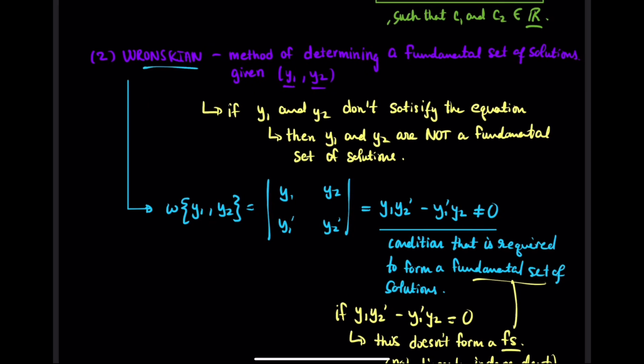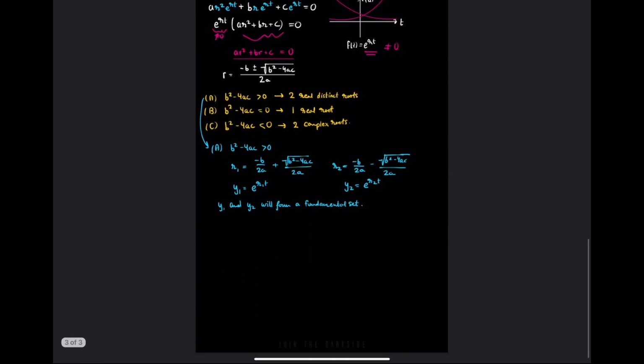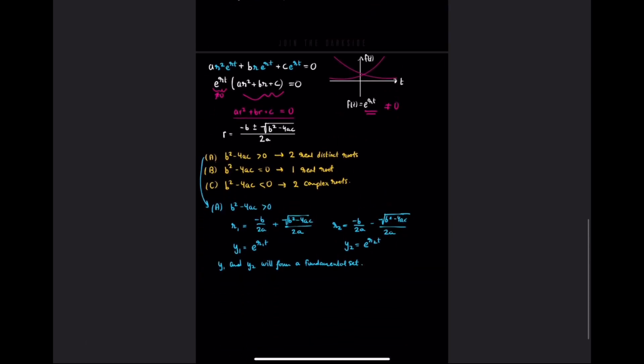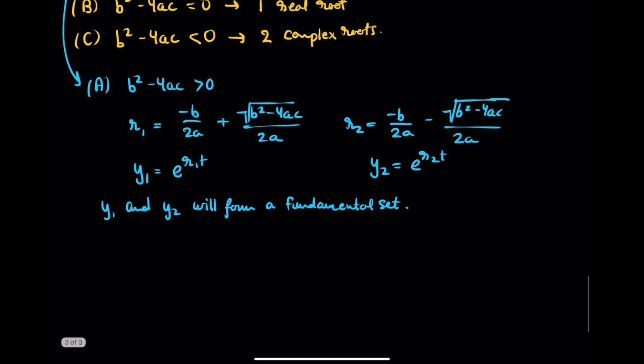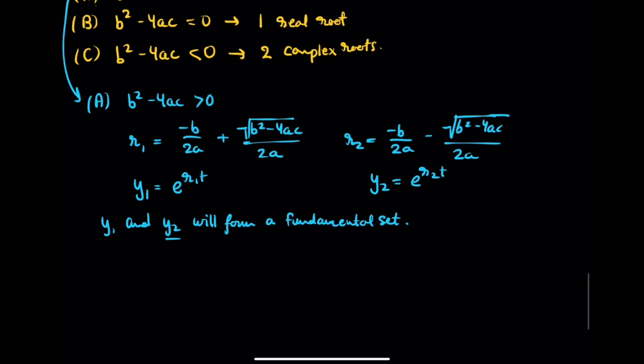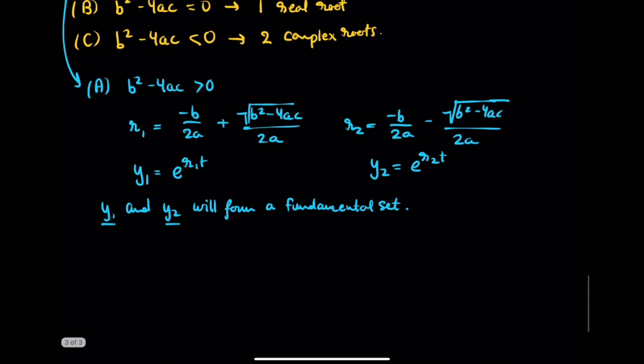If you really want to check it, you can use the Wronskian. But just know that with y1 and y2, this will give you a fundamental set, so you don't really need to apply the Wronskian. These two will be distinct roots, so you don't have to worry about that.